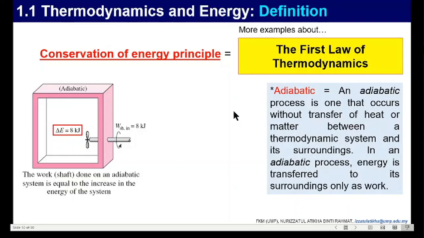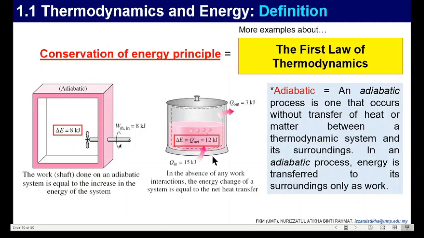Another example, we have this situation. Q in equal to 15 kilojoules, delta E equal to 12 kilojoules, and Q out equal to 3 kilojoules. You can see that the total amount of energy is actually the same.